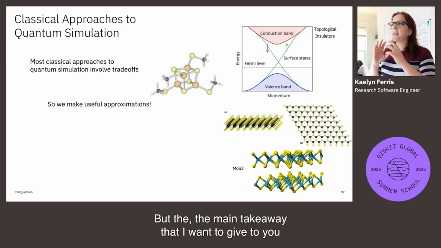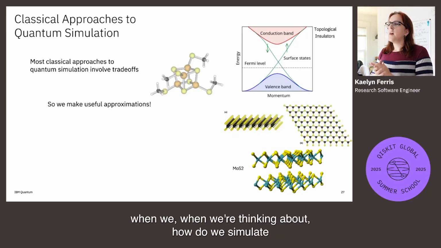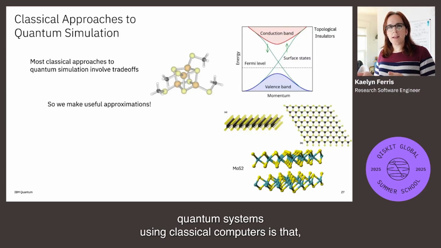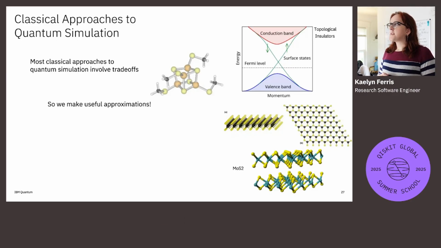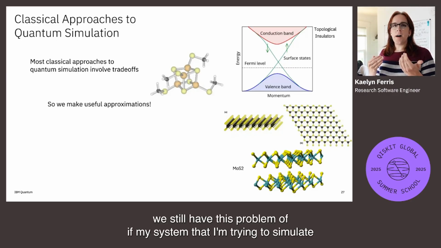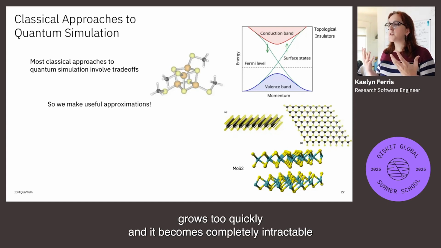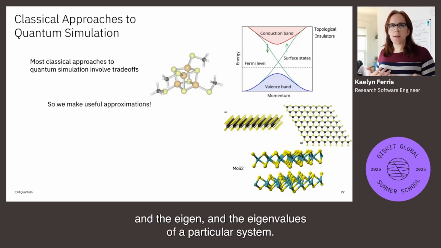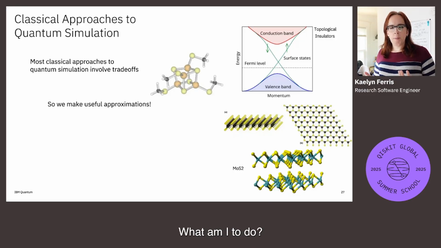But the main takeaway that I want to give you, when we're thinking about how to simulate quantum systems using classical computers, is that we still have this problem: if the system that I'm trying to simulate grows too quickly and it becomes completely intractable to exactly solve for the eigenstates and the eigenvalues of a particular system, what am I to do?